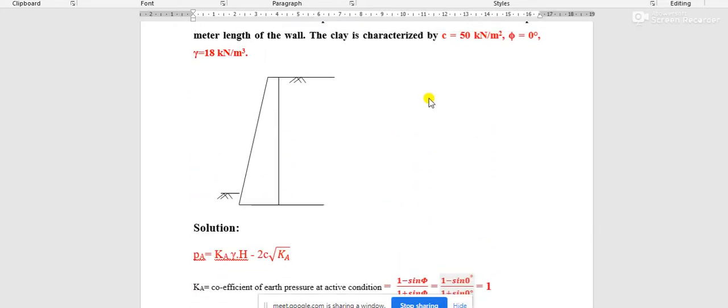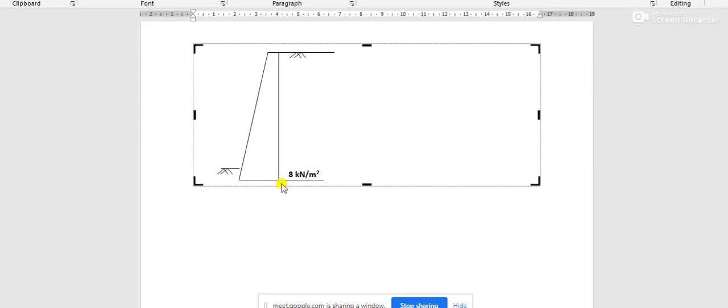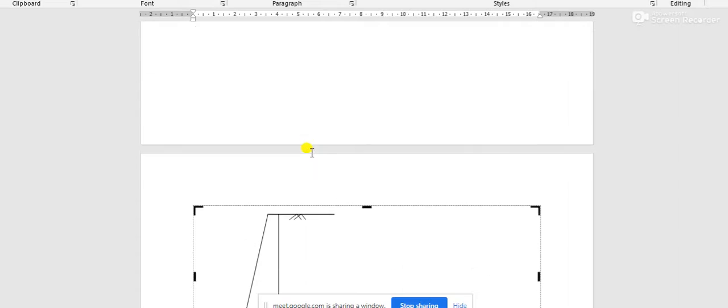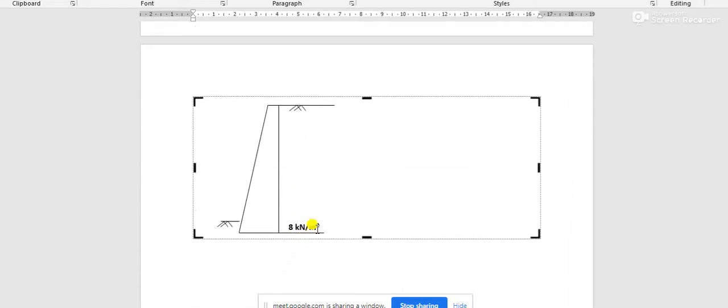Then coming to the earth pressure diagram, this one is 8 kilonewton per meter square, but at the top of the wall is 100 kilonewton per meter square.